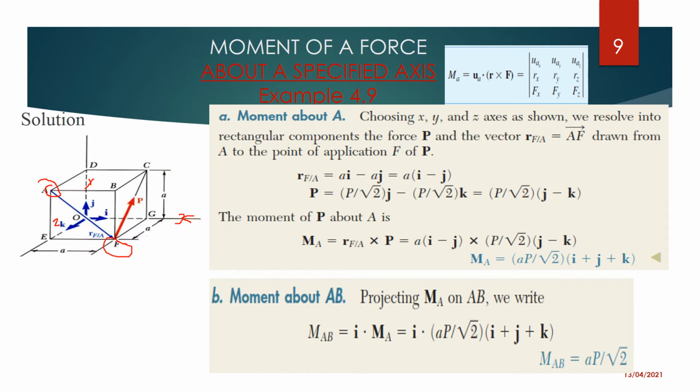You subtract the coordinates in X, Y, and Z, those at C and those at A. You have your R.